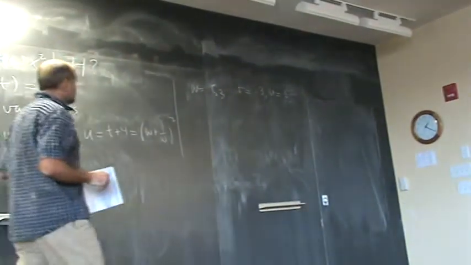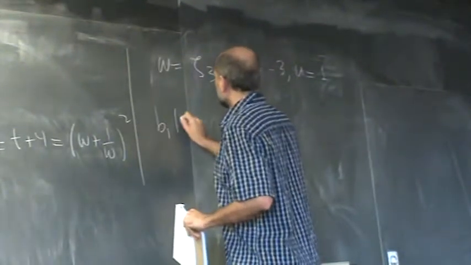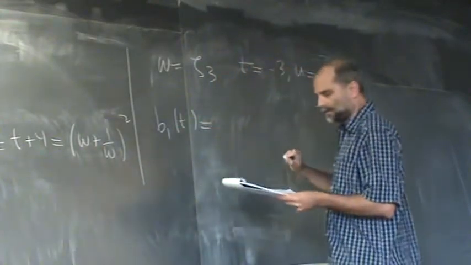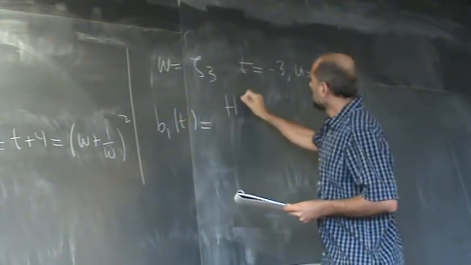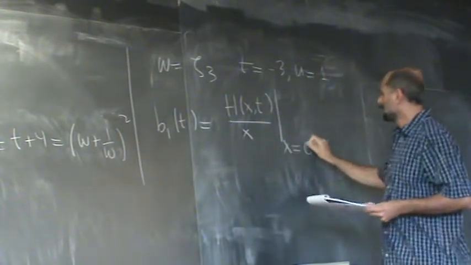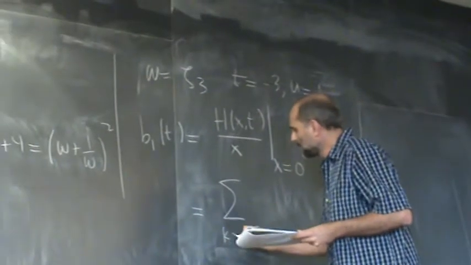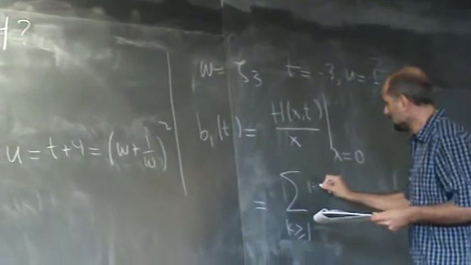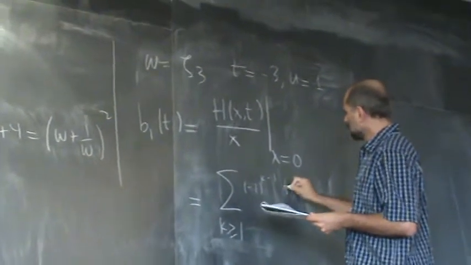Now, you can work with the series that I had for the general Bn. B1 is the ratio of h over x when x is equal to 0, just the linear term in the expansion. And you can work this out as a power series in t to be this.